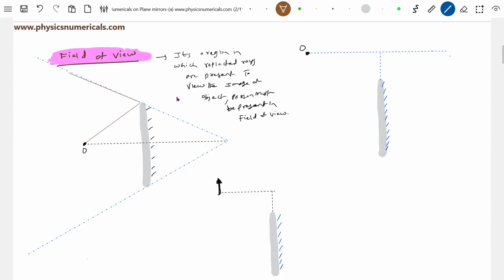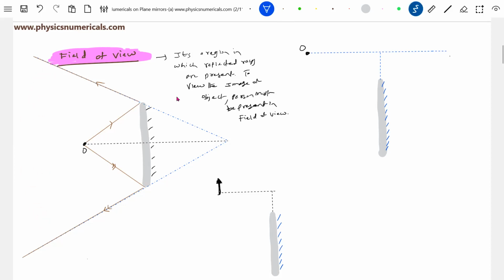After reflection, the ray will take a path. Similarly, there's an incident ray. After reflection, the ray will take a path like this. So what you should do? Let the ray be incident at the edge of the mirror. What do you mean by edge? At the ends of the mirror. Then corresponding to that reflected ray, everything will become the field of view.